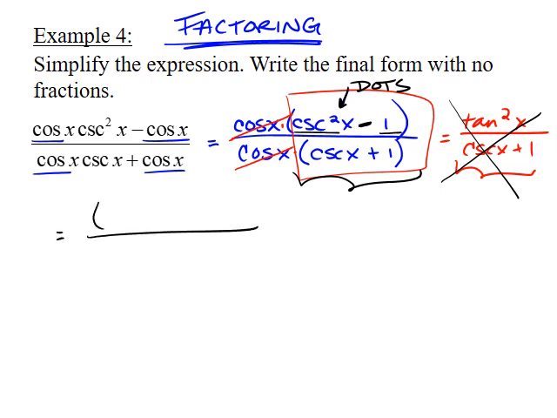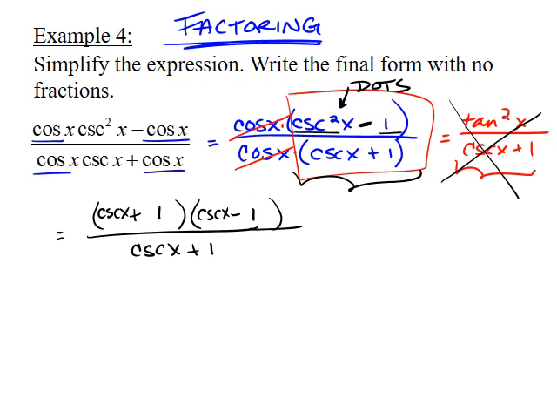You may recall that when I factor a difference of two squares, you get the same factors, but one has a plus and one has a minus. Cosecant times cosecant is cosecant squared, plus 1 and minus 1. Then in the bottom, I'm just going to leave this cosecant of x plus 1.